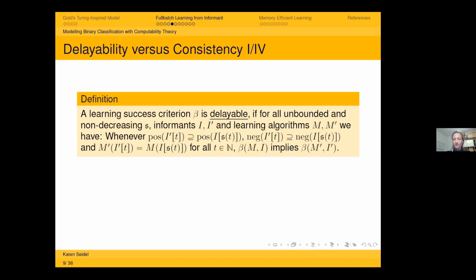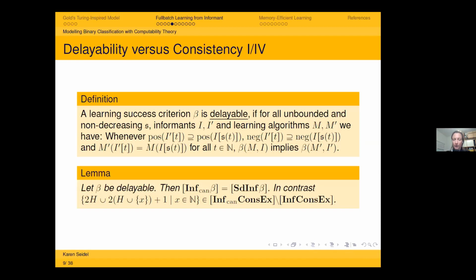But there is one criterion that is not delayable, and this is consistency. What we showed is, for all these criteria that you saw on the map, in one lemma that we can assume the canonical presentation. So this is what I mentioned earlier, comes in handy when showing that conservativeness is not restrictive.